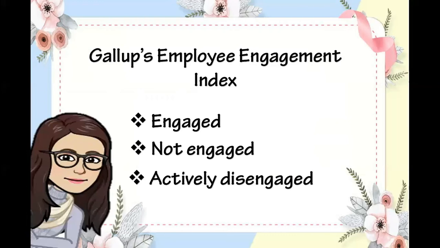These are the committed employees in an organization, while those who are not engaged are unattached to their work and organization, or what we call the checked out. And the last one, the actively disengaged, aren't just unhappy at work, they are resentful. This kind of employee can cause lower staff morale and undermine the organization's goals.